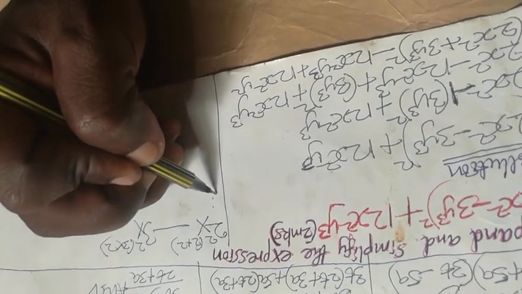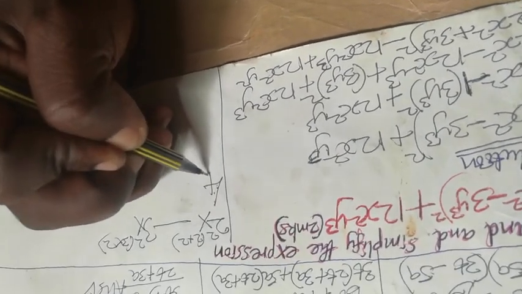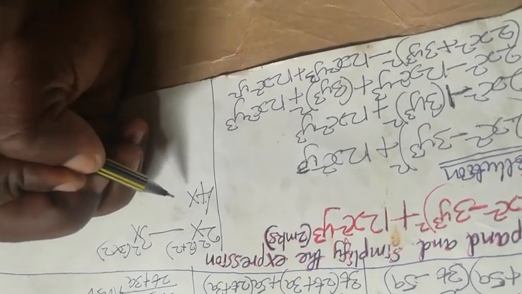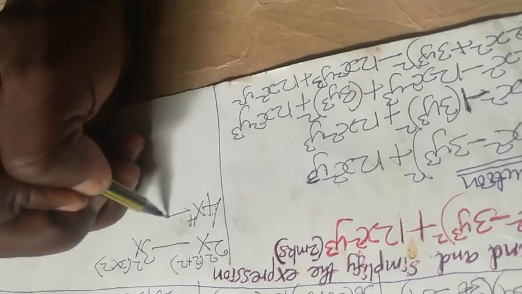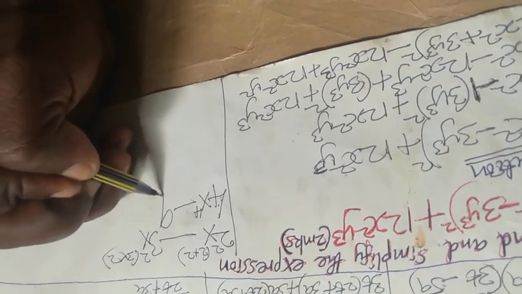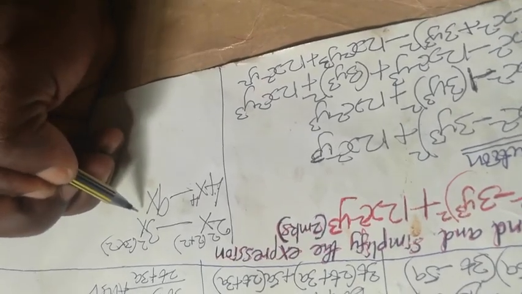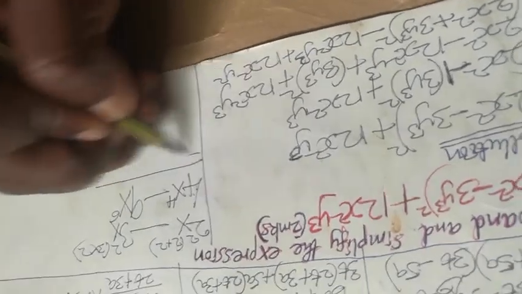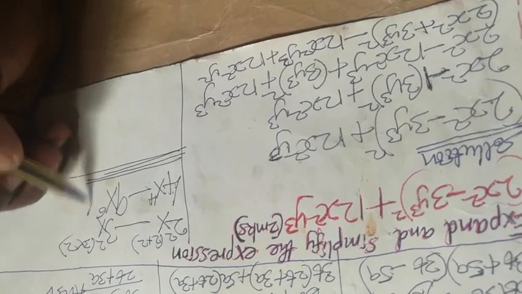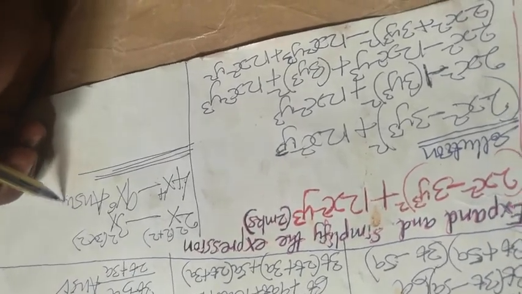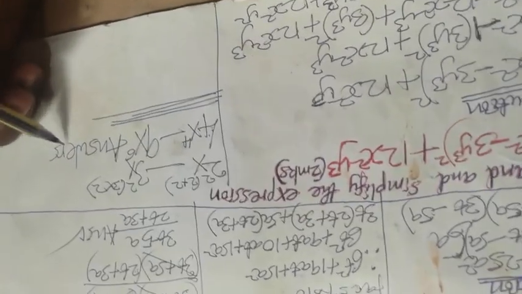Hence this will give us 4x power 4 minus 9x power 6, and this is the required answer.